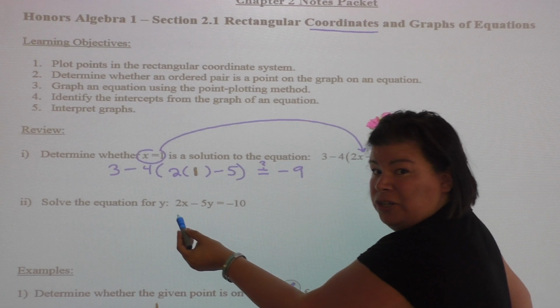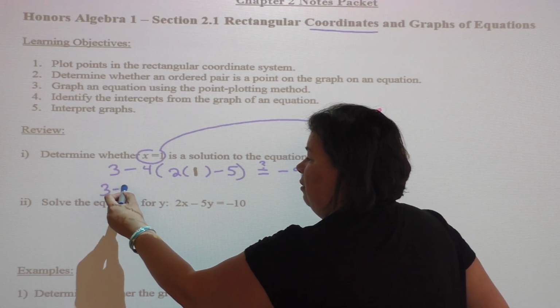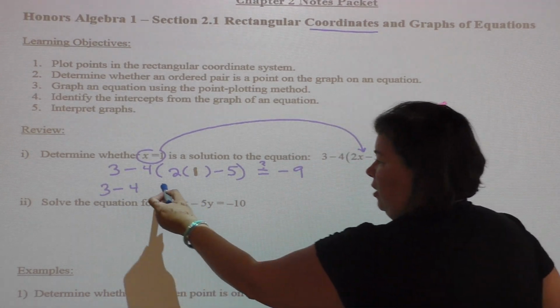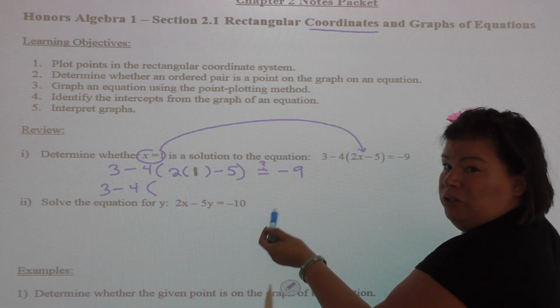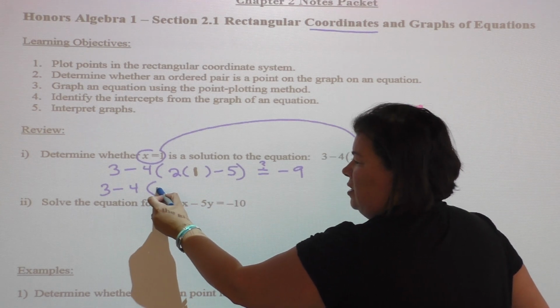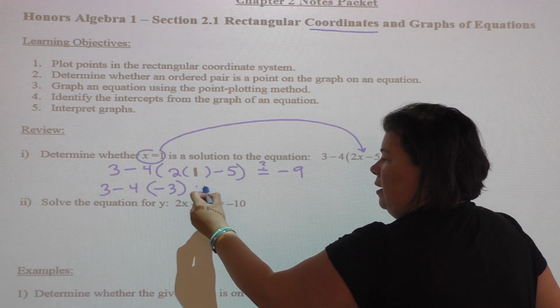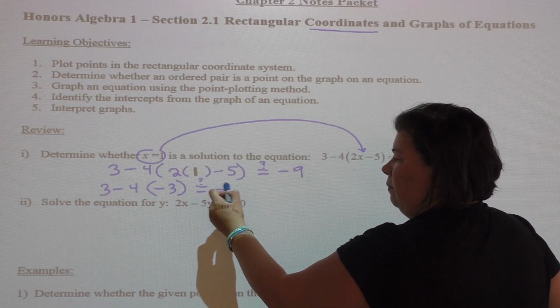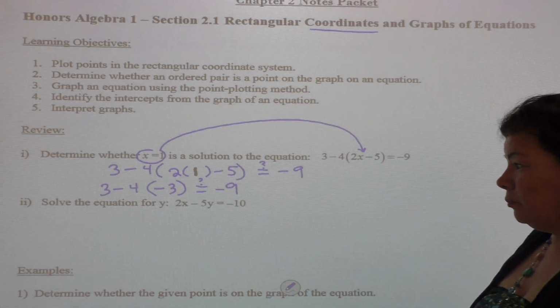Don't do any subtraction yet, because we're nowhere near that order of operation. We have to simplify 2 times 1 minus 5, which leaves us 2 minus 5, which is negative 3. And again, does that equal negative 9? We'll see in a minute.